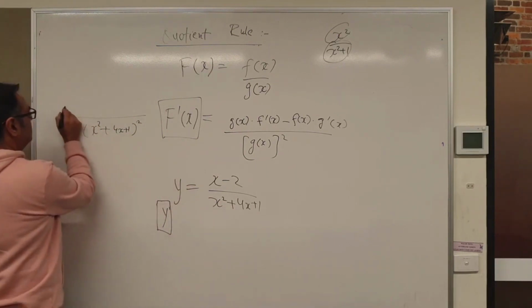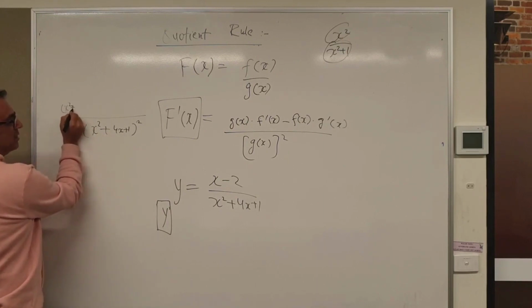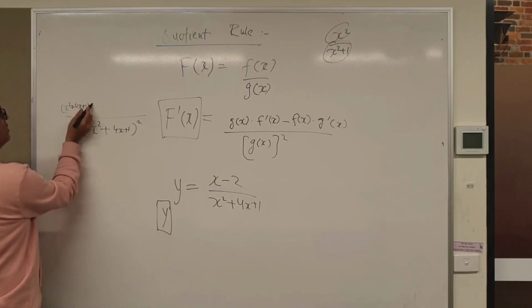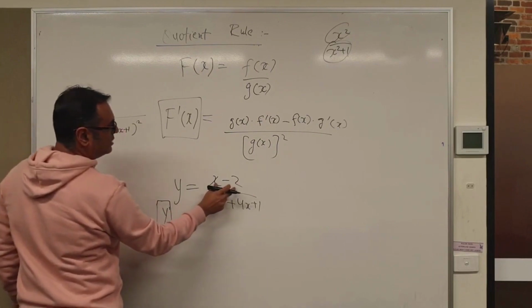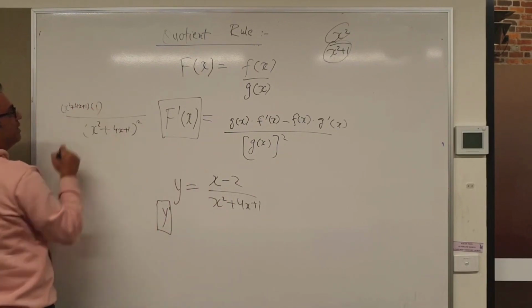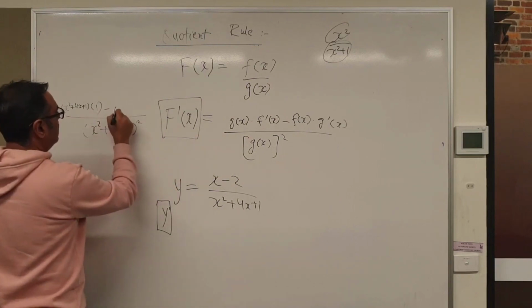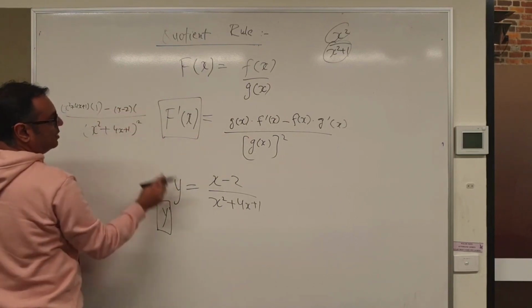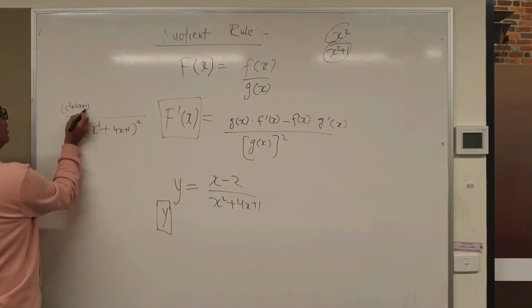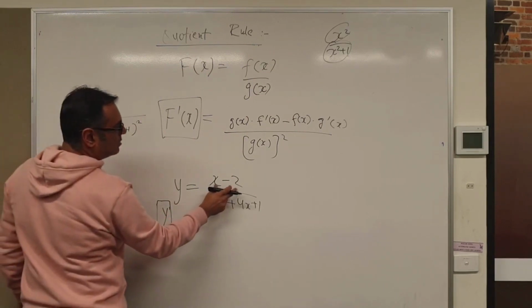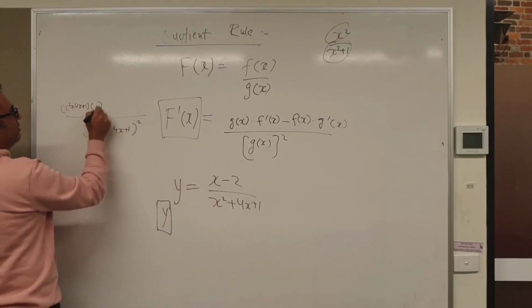This bit, Aishka, 4x plus 1 times the derivative of x minus 2 is 1, right?